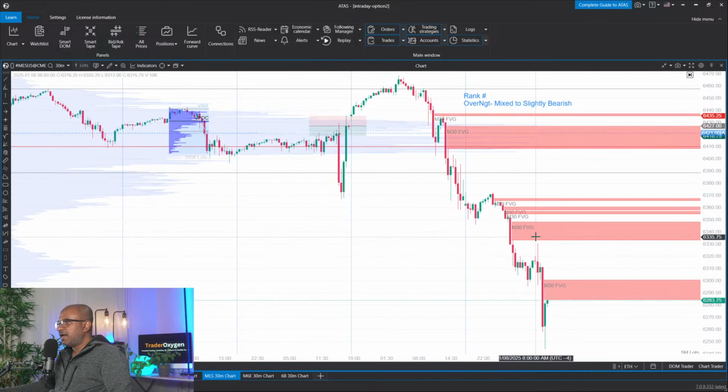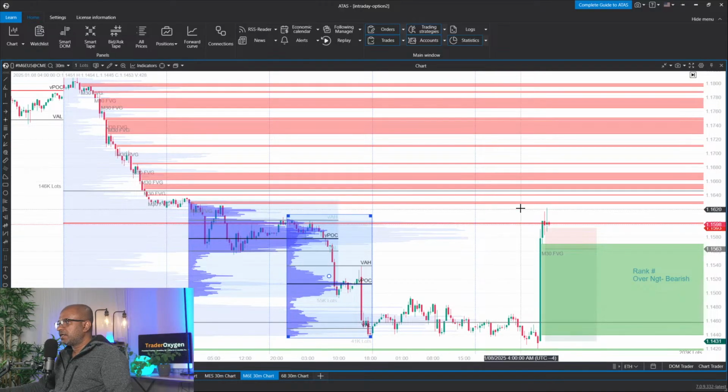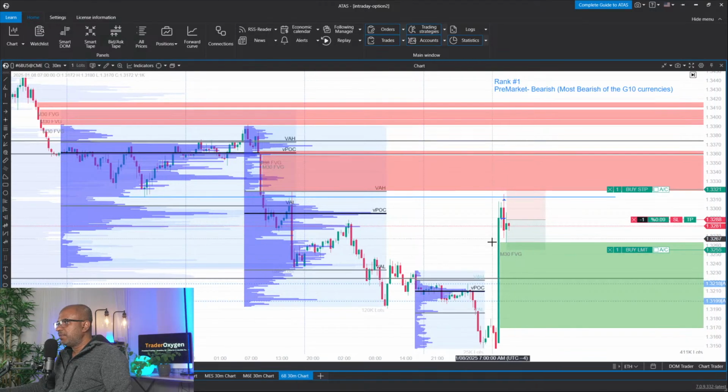Then in MES, micro mini S&P futures, this is the reaction candle, this one. Then if you look at Euro FX futures, this is the green candle which brought the reaction. And then in GBP futures, this is the green candle which brought the reaction.